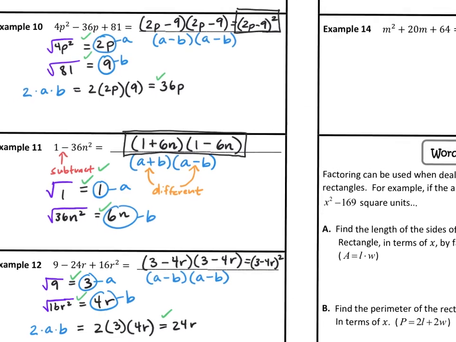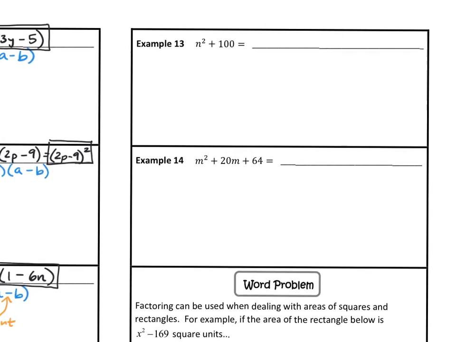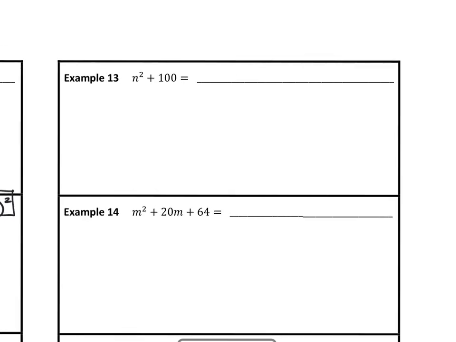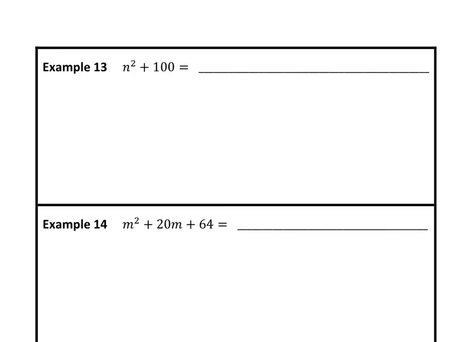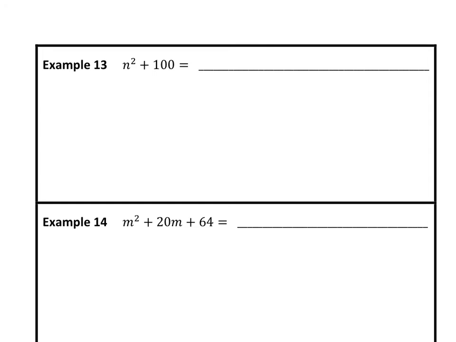Let me zoom out a little bit. Number 13. Okay. How many terms do we have? Looks like we have 2 terms, and so it could possibly be a difference of squares. We just have to check if there's subtraction, and it looks like it's not subtraction.